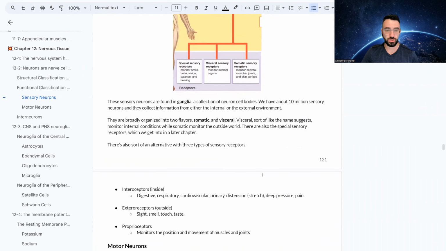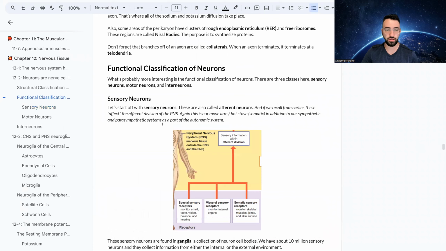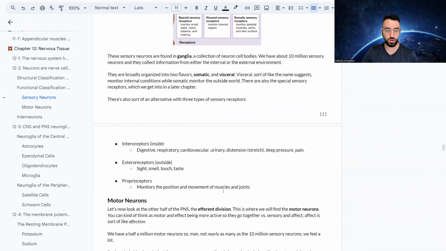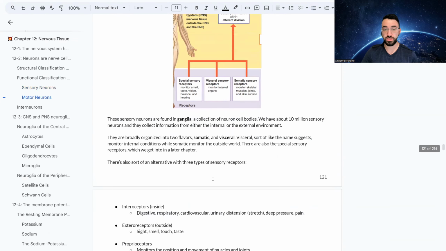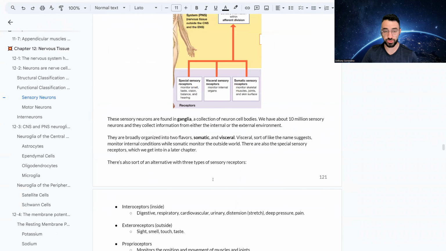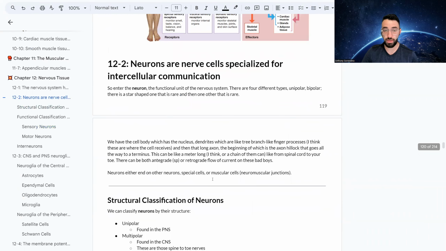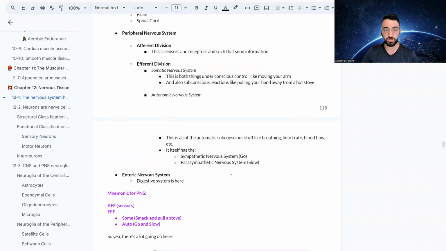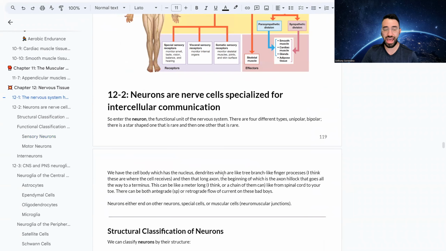So that's sensory. Okay, now we're going to get into the motor neurons, which are going to be in the efferent division. So again, the efferent division is the smack a stove and pull your hand away. All right, so more of the effects, more of the actions here.